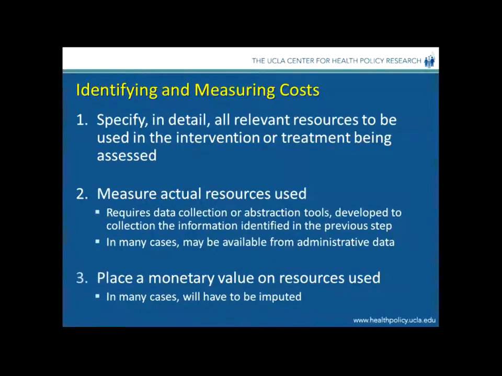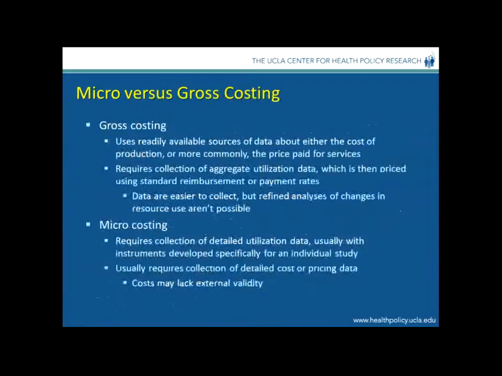And that brings me to the next topic, which is gross costing versus micro costing. Gross costing allows you to use readily available data sources. So rather than follow a patient around, if I were doing a study here at the hospital, I'd ask them to give me the bill of services provided to a patient.